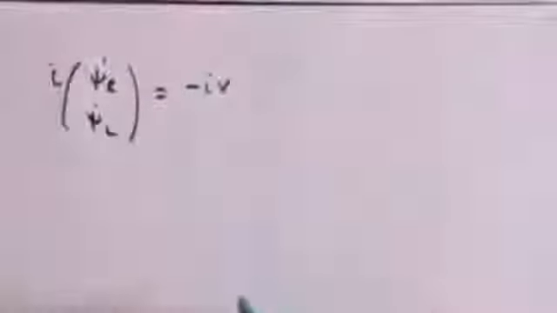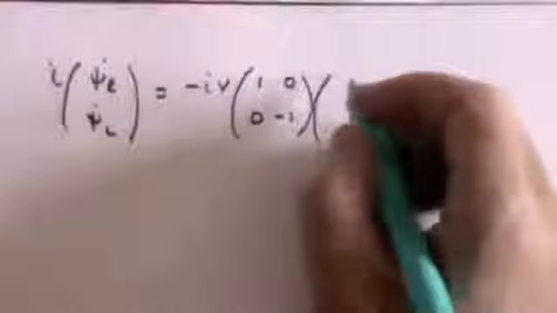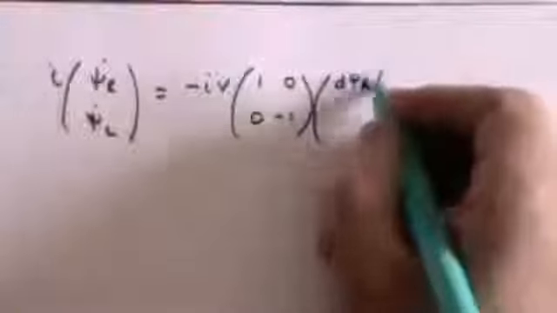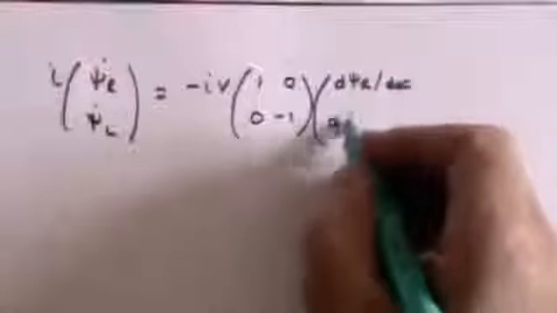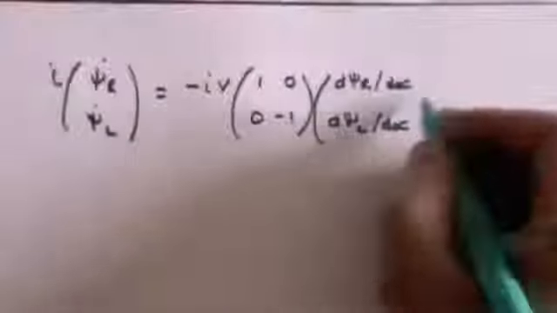So now we can write the Dirac equation as i times psi right dot, psi left dot, which remember are just the shorthand ways of writing the derivative with respect to time, is equal to minus i times V. We often set V equal to 1, but let's put it in full, times alpha, which is [1, 0; 0, -1], times the vector, which was d psi right by dx and d psi left by dx.